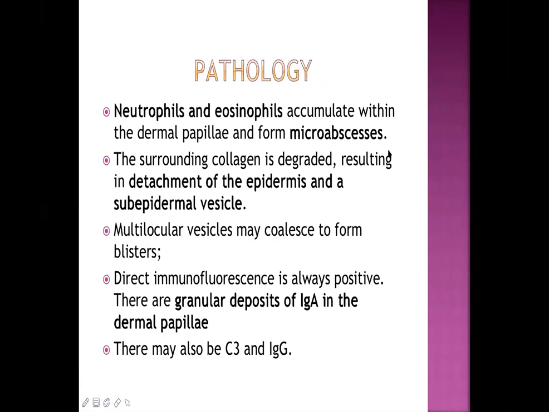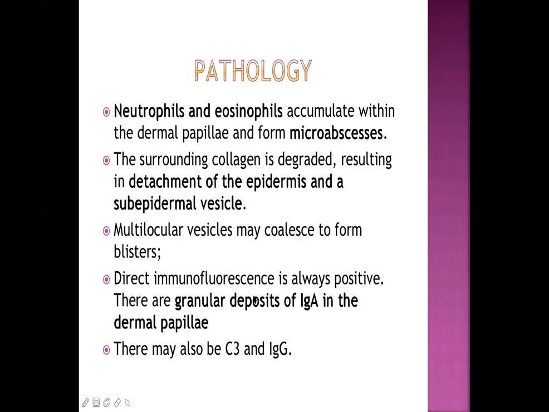But remember, these microabscesses are sterile abscesses. There is no role of any microorganism. The surrounding collagen is degraded, resulting in detachment of the epidermis and subepidermal vesicle. So they get detached from there. Sometimes they may fuse with each other and form bigger blisters.